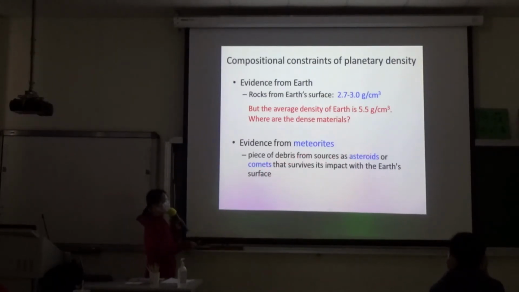So comets and asteroids can form debris too, which is called meteorites. So meteorites are from asteroids or comets and survive impact with the Earth's surface. So we can have remnants.